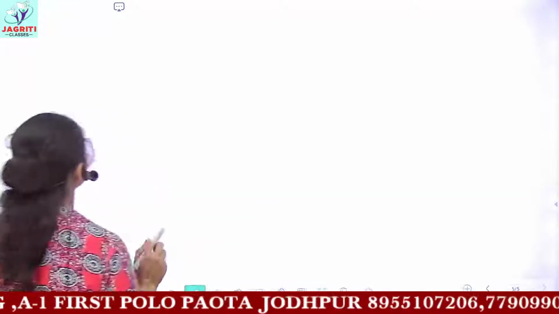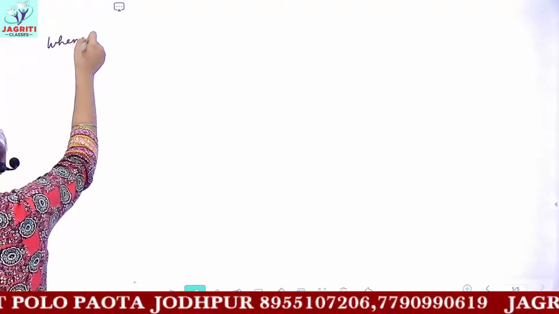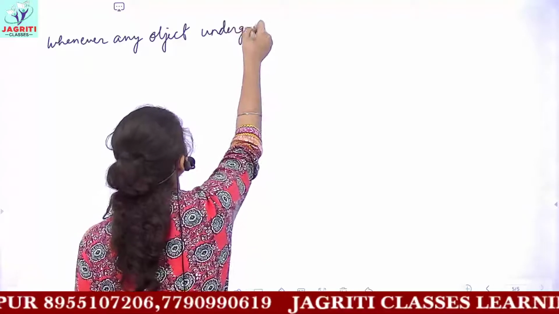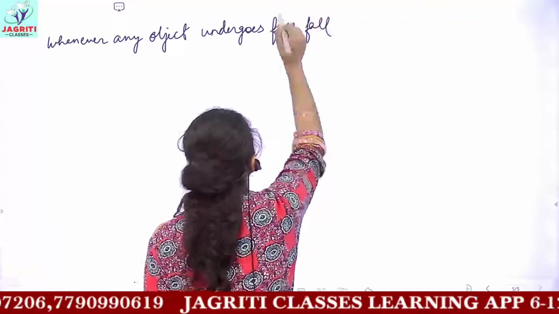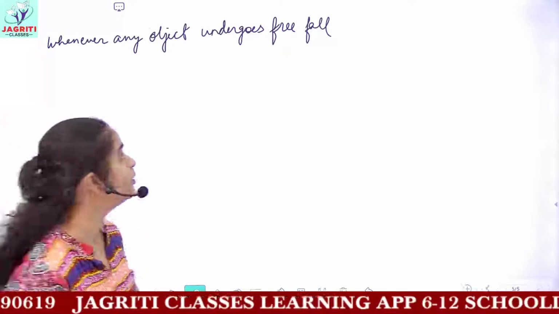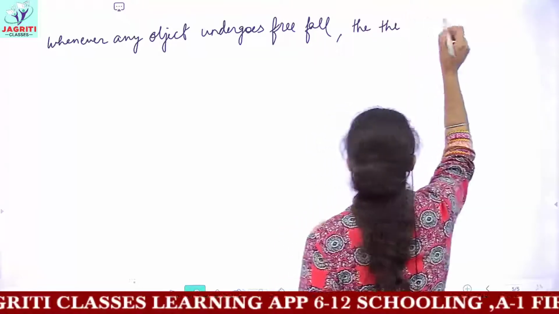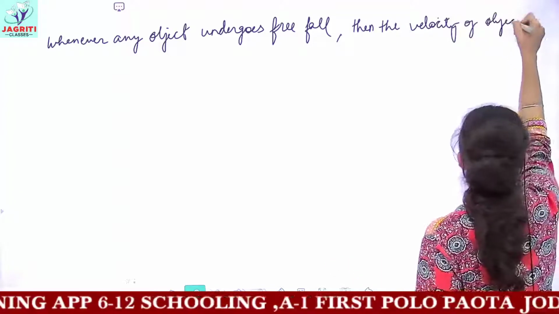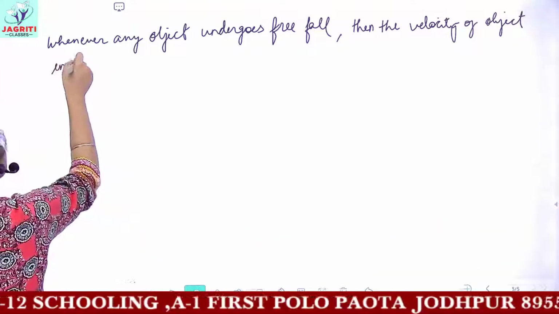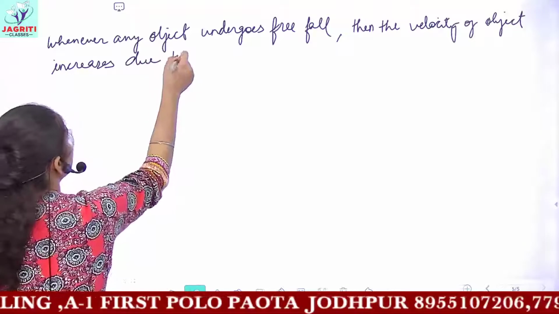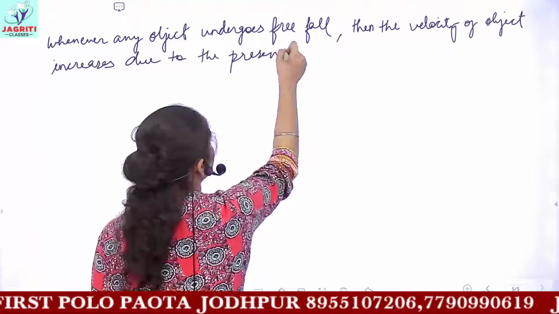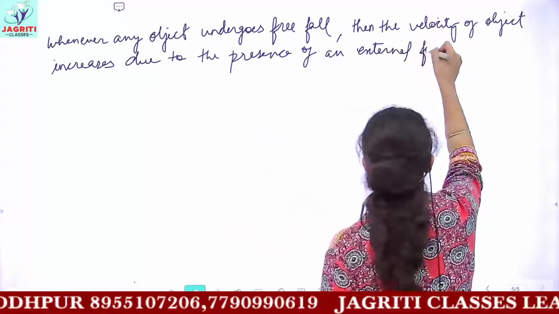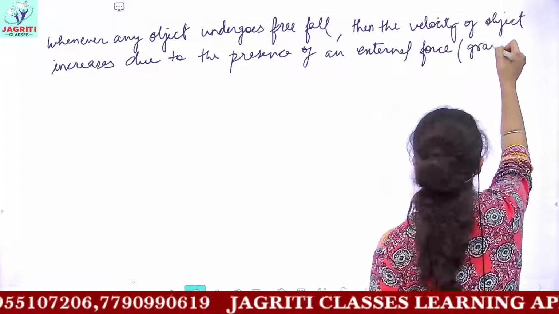Now moving about some facts which are related to free fall. We see that whenever any object undergoes free fall, whenever any object it freely falls or it undergoes the phenomena of free fall, then the velocity of the object increases due to the presence of an external unbalanced force, or you can write an external force which is gravity here.